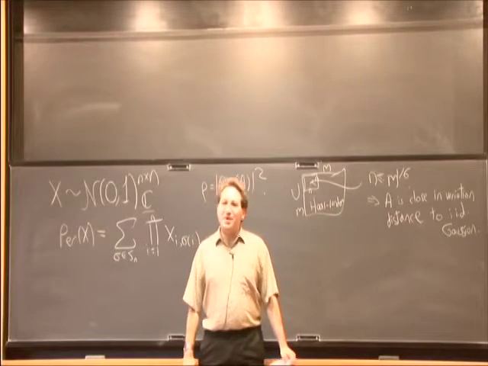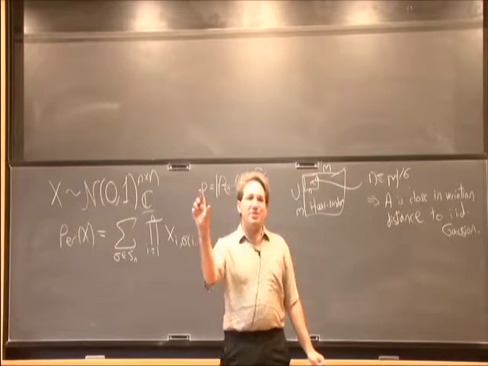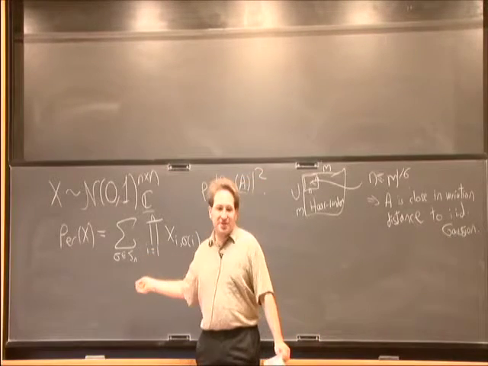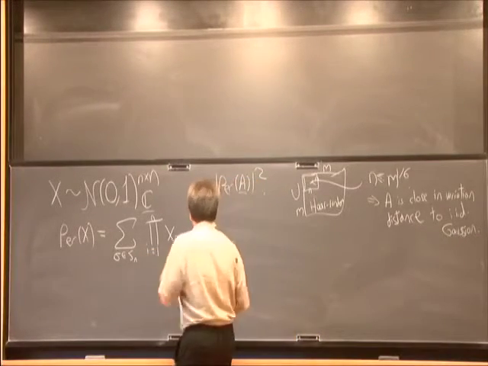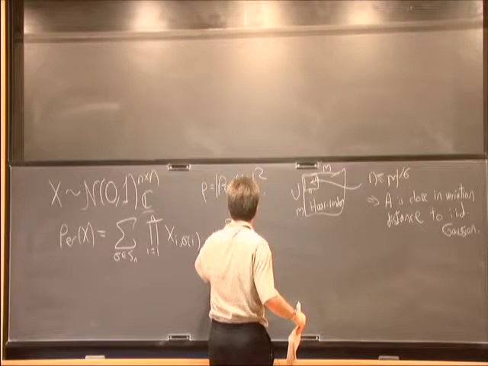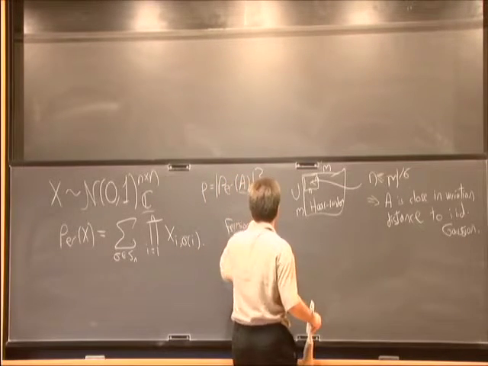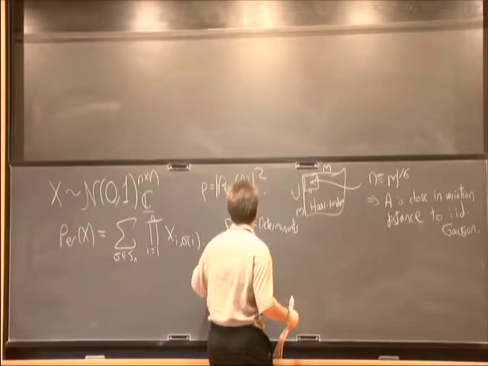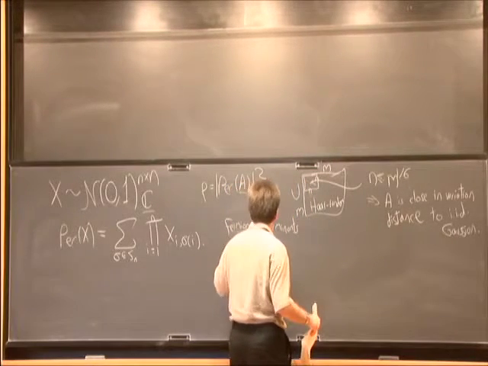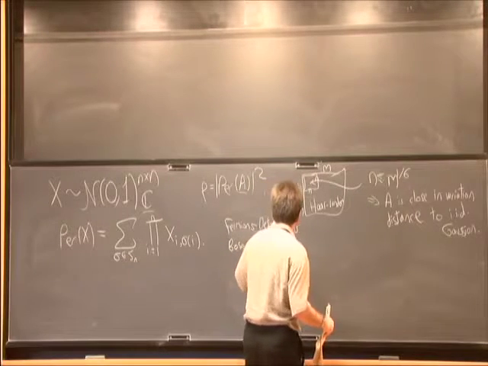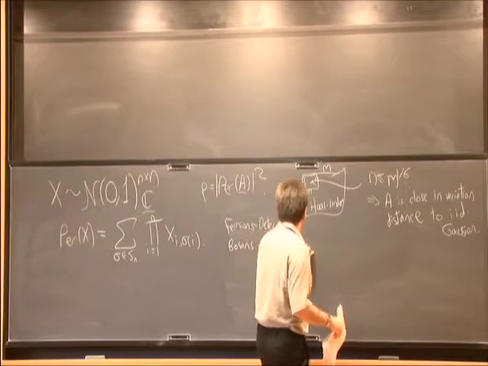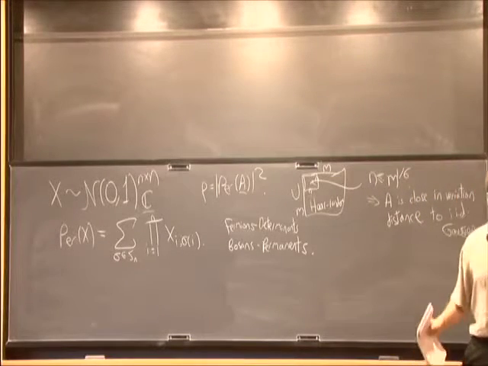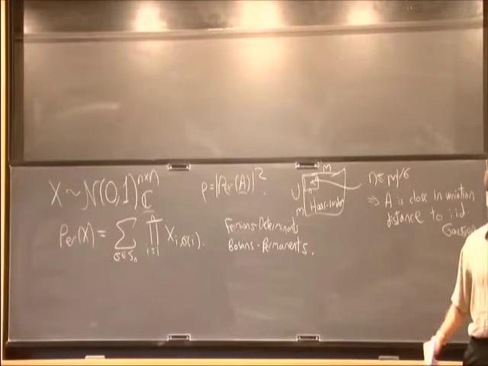With bosons, it's exactly the same rule, except that there's no -1 when you swap. So for fermions, the amplitudes are determinants. For bosons, the amplitudes are permanents.